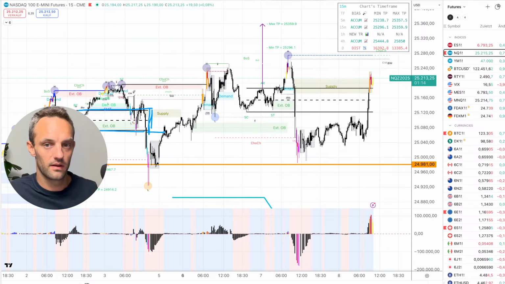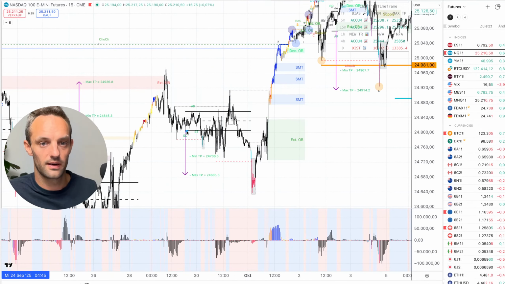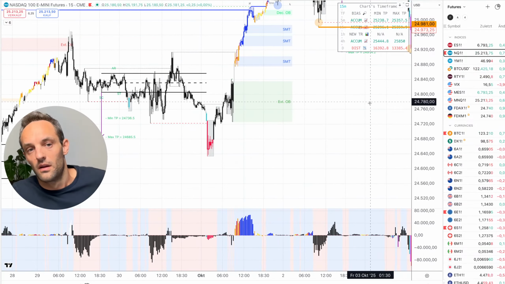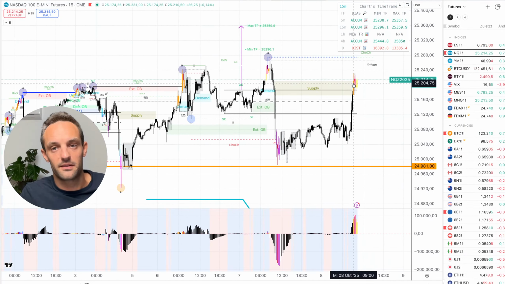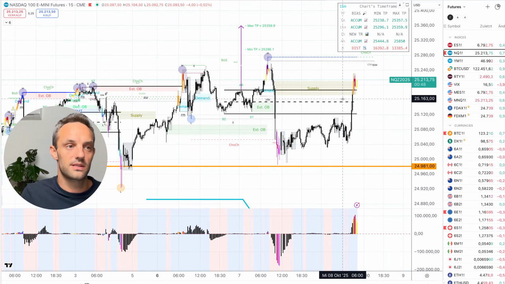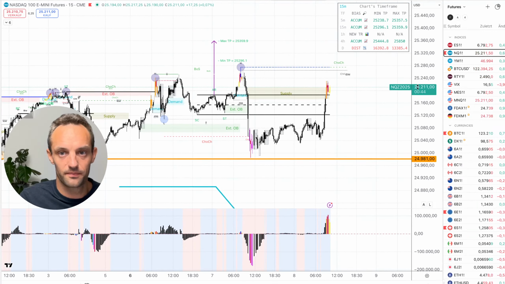When the price goes above these horizontal lines and the horizontal lines stop, then the Wyckoff range is over. Like here, the Wyckoff range is over there. And until we still have the lines, it is in, I would say, detection mode.